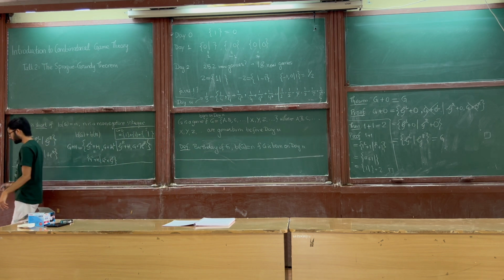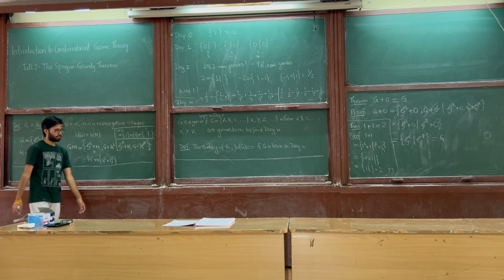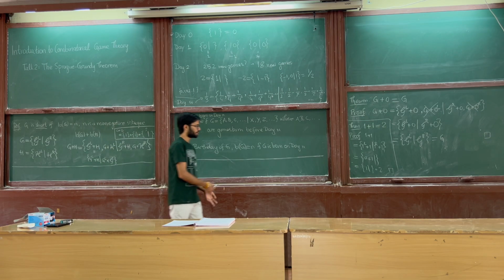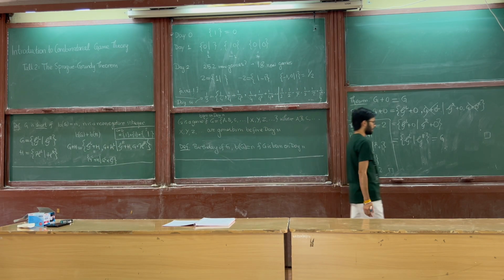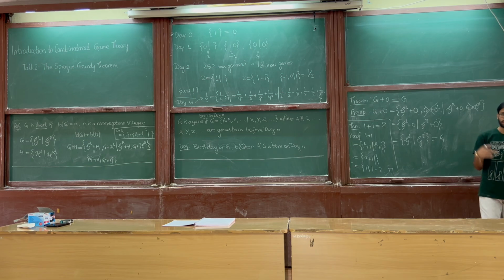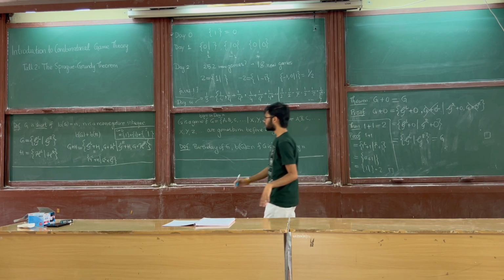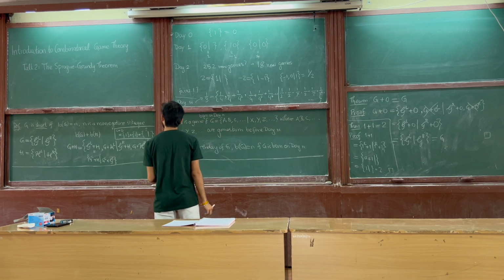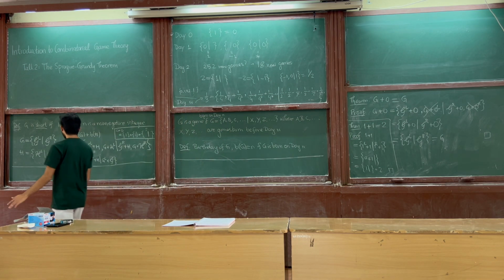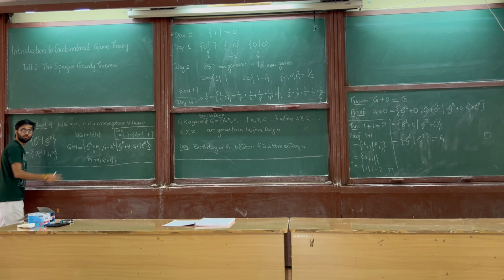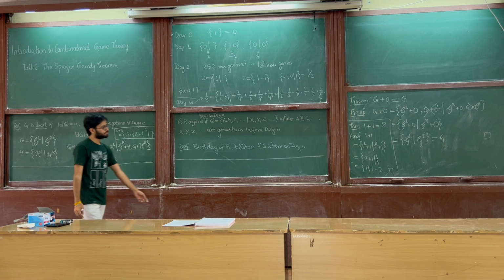But so then the very natural question is, can I complete this and give it a group structure? Can I have that the set of all games is an abelian group under this operation plus? If you don't know what that means, it's fine. All that really means is that for every game G, can I find the H such that G plus H is 0? And the answer is yes.